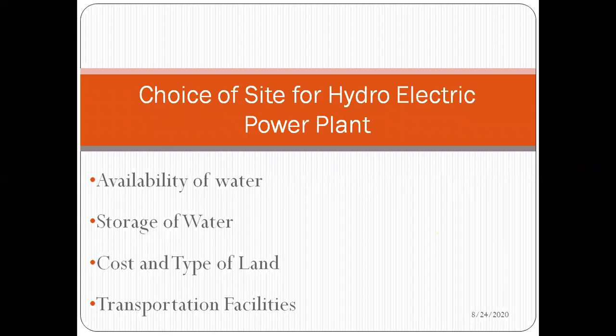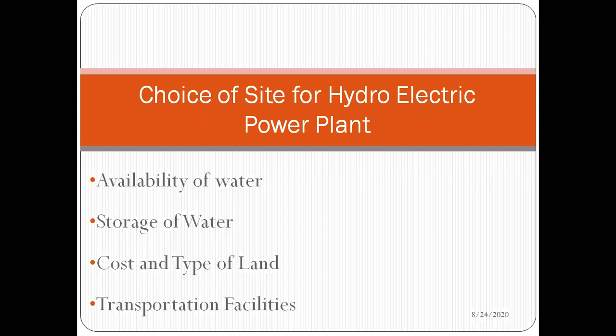For example, in Jammu and Kashmir, you have the Baglihar hydroelectric power station, which is situated near Ramban in Chandarkot. After that, we have the Salal hydroelectric power station in Reasi. Then we have another called the Chamera hydroelectric power station in Punjab.